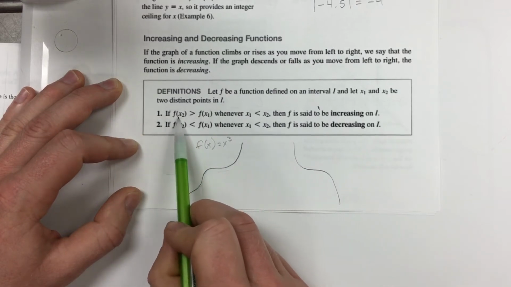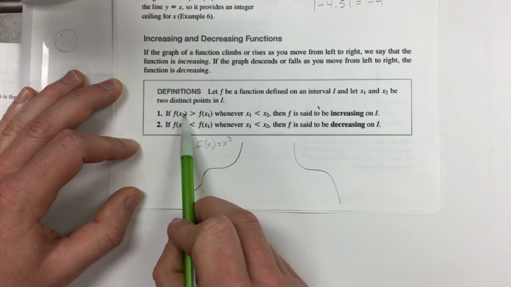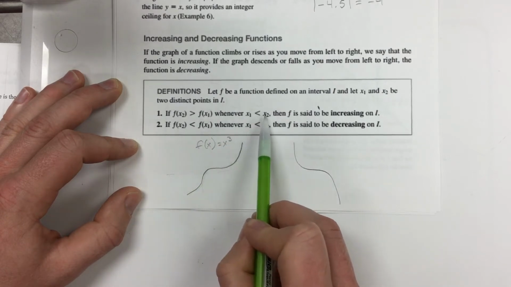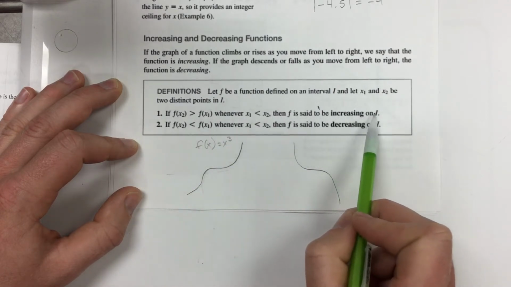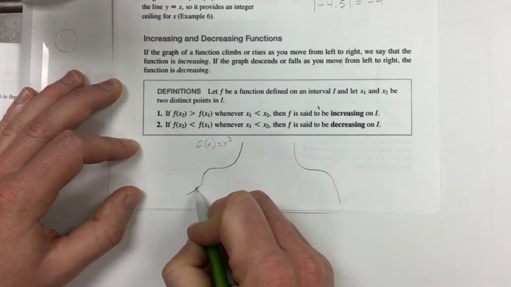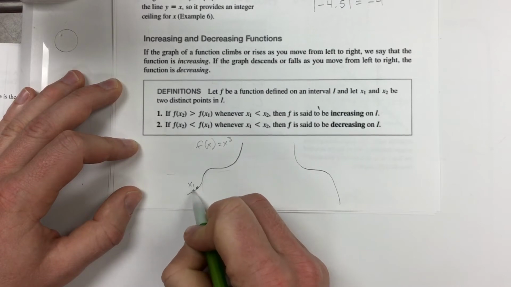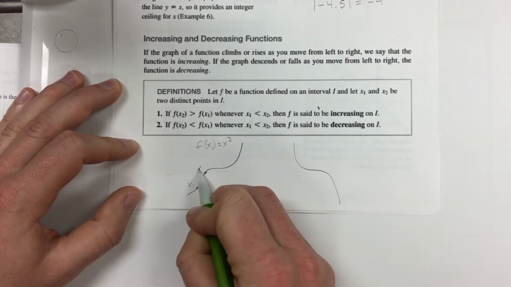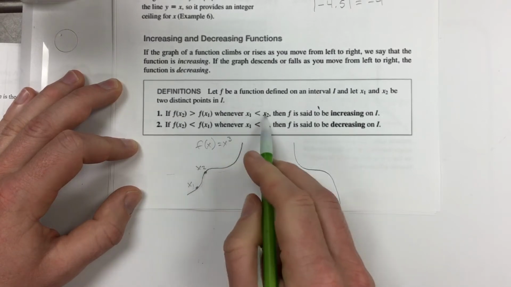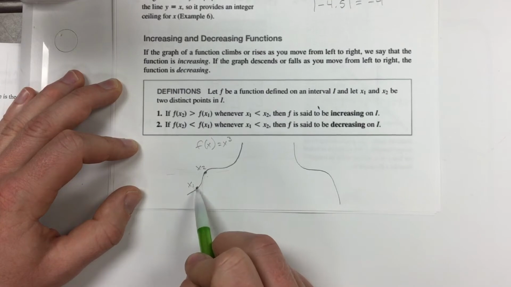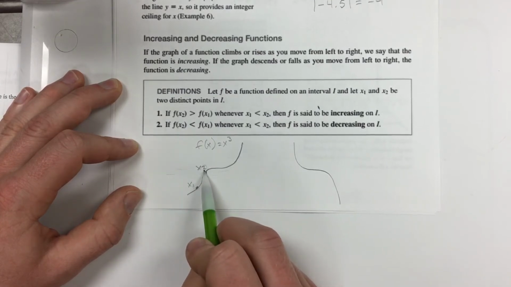If the function of x2 is greater than the function of x1, whenever x1 is less than x2, then f is said to be increasing. All they're saying is, let's call this x1 and let's call this x2. If x1 is less than x2, which it is, you can see if we're talking the x direction, from left to right, this one is smaller than this one.